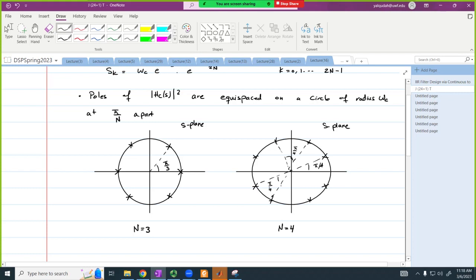I think π over 2 is vertical, right? Oh, yes, π over 2. I apologize, this is π over 4. Okay, π over 4 between any 2 poles. Yes, if n is odd, we have poles on the real axis. If it is even, there are no poles on the real axis.